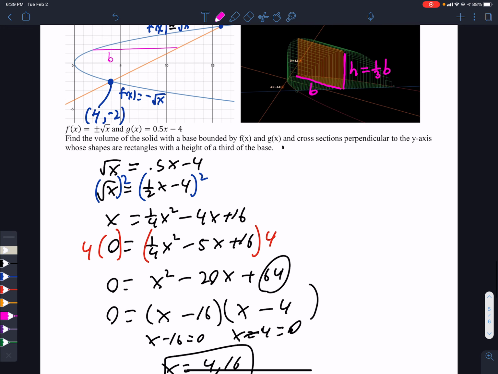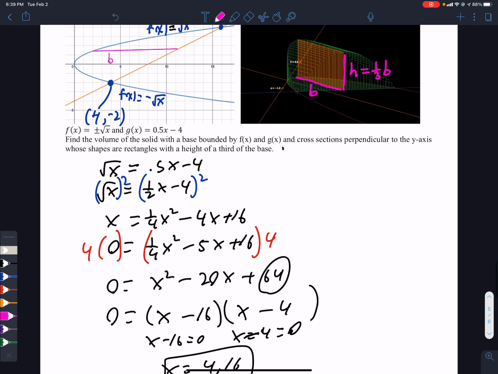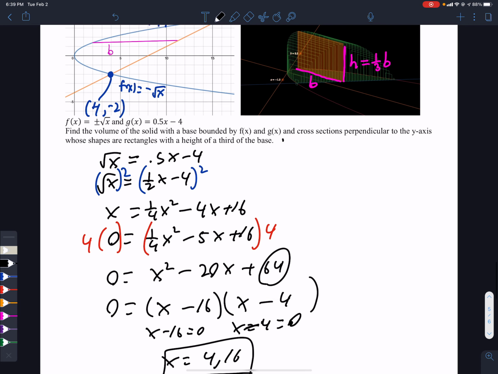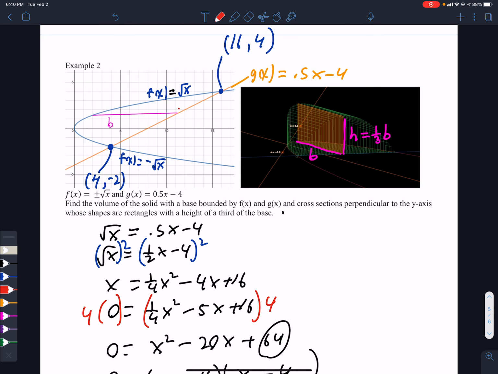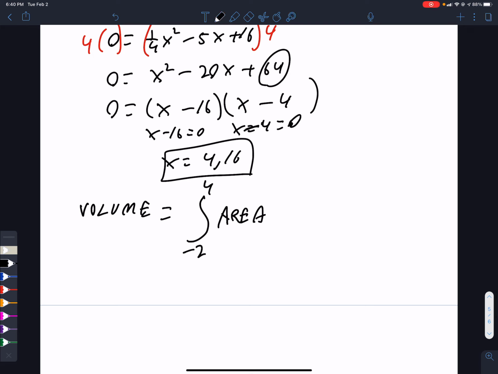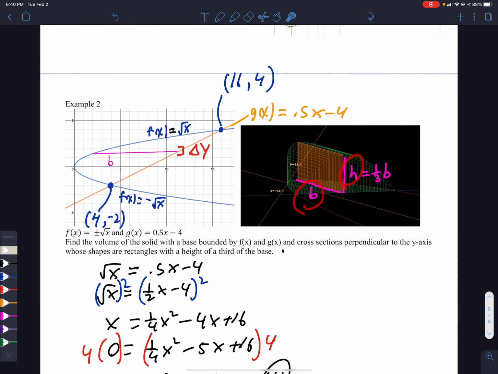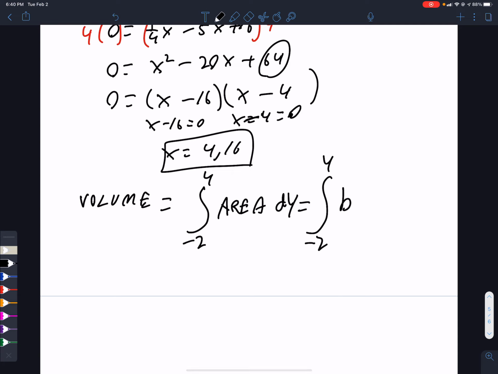So I'm going to add up the volume by taking the area and the thickness. Let's take a look here. The thickness of this is a change in y. It's dy because you're going this direction. Y changes as you move up and down. So area times thickness dy, but what's the area of a rectangle? It's base times height times the thickness.